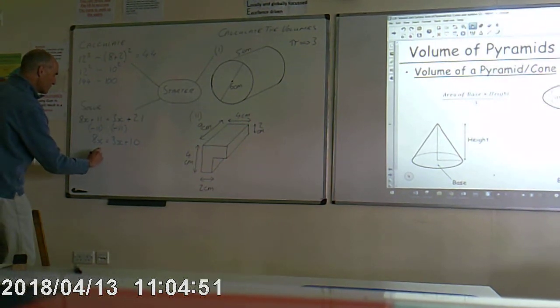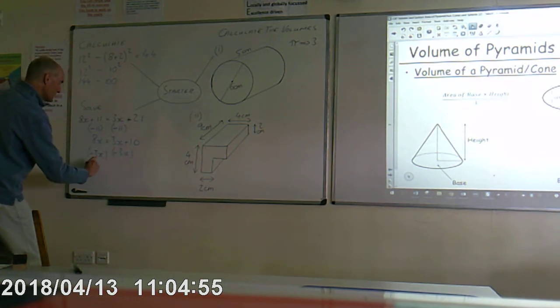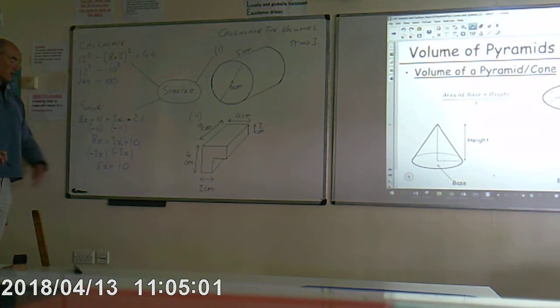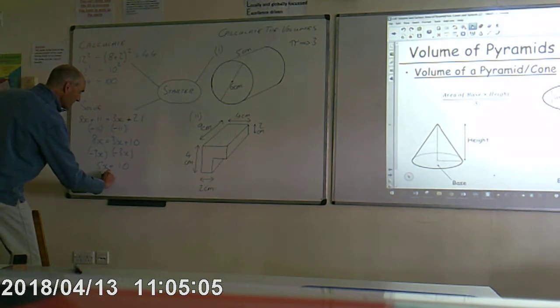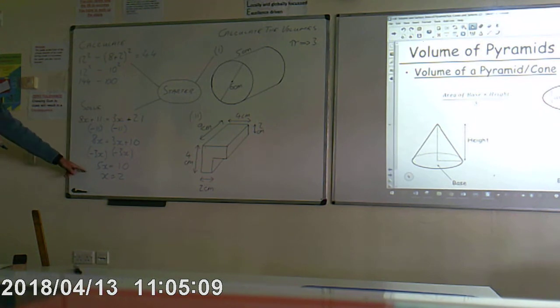Subtract 3x from both sides. So now we've got 5x equals 10. So divide both sides by 5 and that gives you a value of x equals 2. We've solved it. X equals 2.